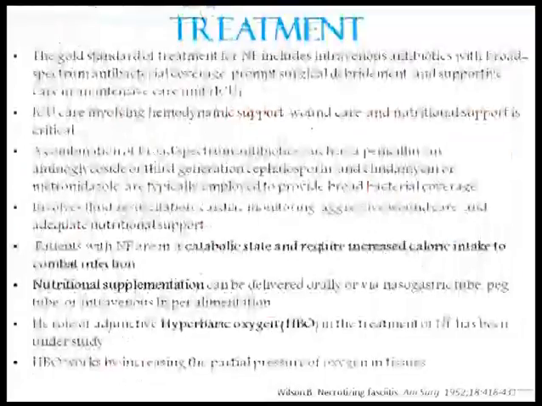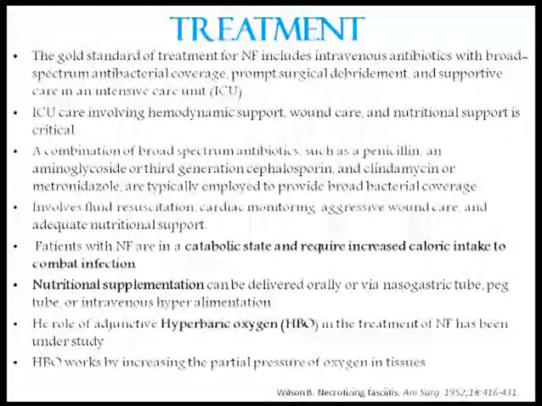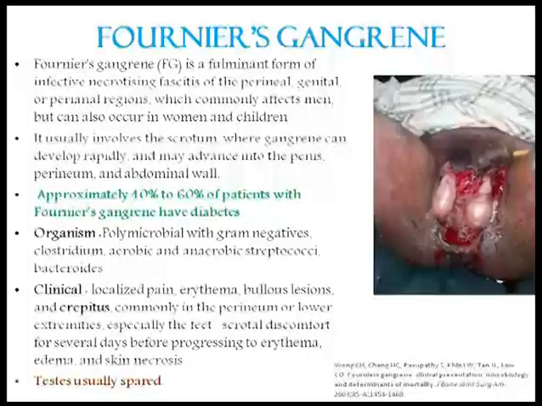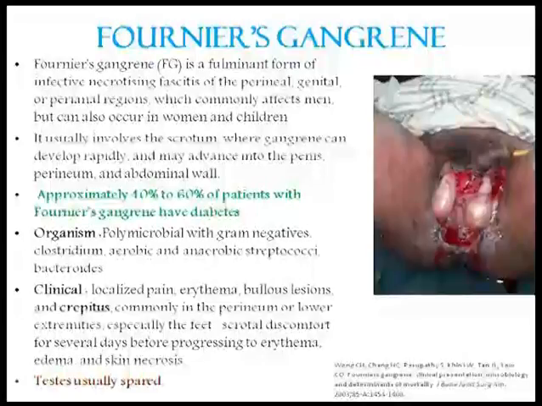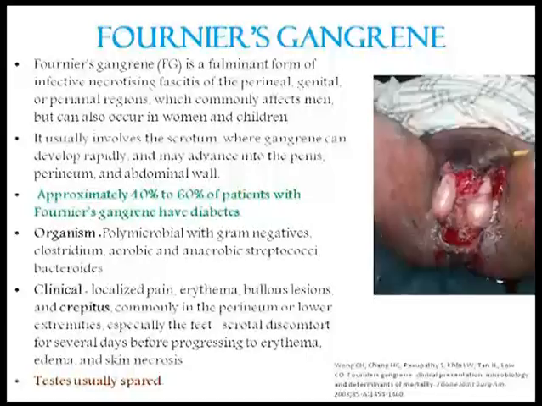You will have to always think that it is necrotizing fasciitis, which is very dangerous. It needs ICU management, surgical and medical. In addition, hemodynamic management is needed to save the life of the patient. Fournier's gangrene, which most of us have seen, occurs in the perineum, again by a gas-forming organism.